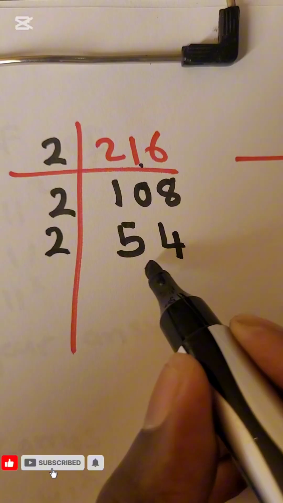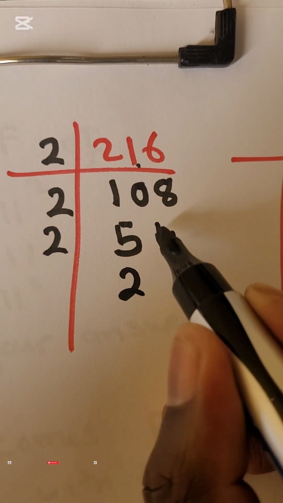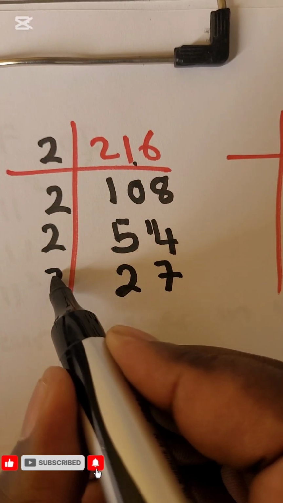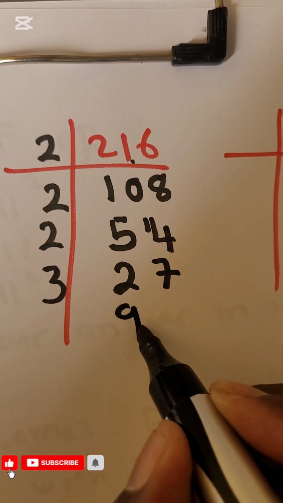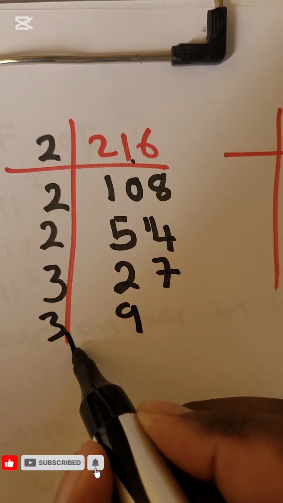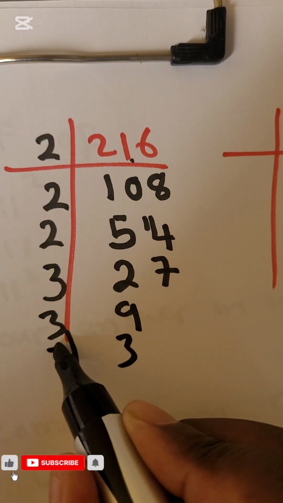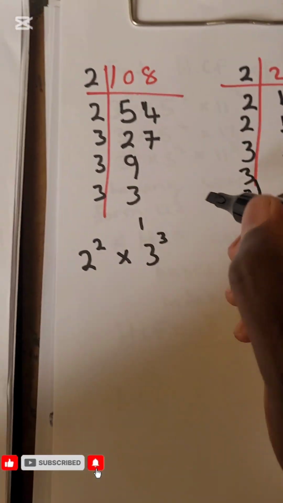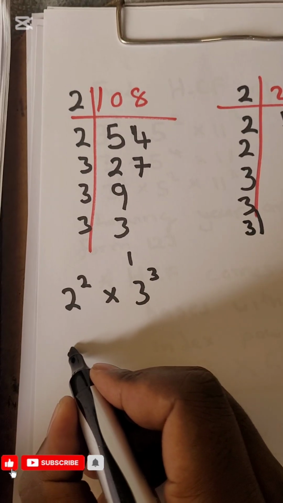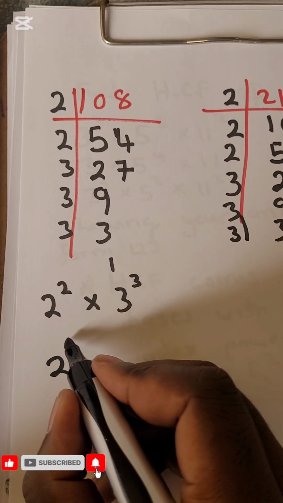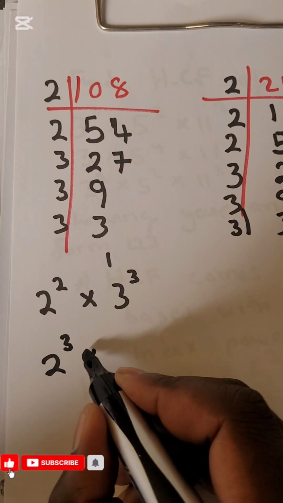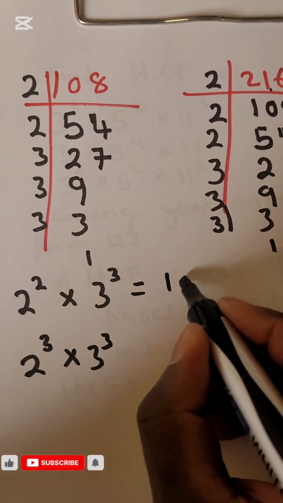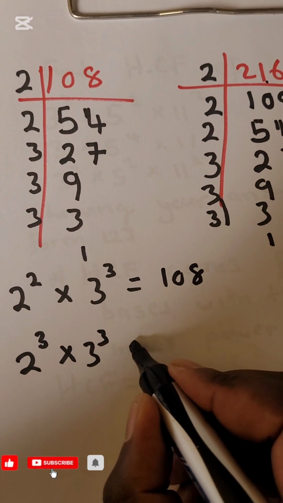And 2 into 5, we get 2, remainder 1, into 14 we get 7. And 3 into 27 we get 9, and 3 into 9 we get 3, and 3 into 3 we get 1. So this one is the product of its prime factors: the 2s, there are 3 of them, times the 3s, we have 3 of them. So this one is 108, and this one is 216.